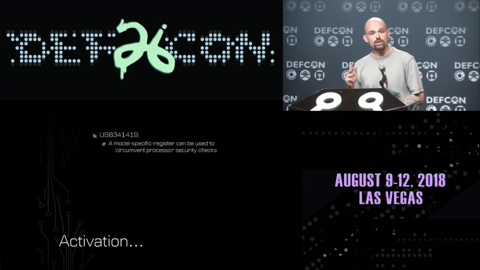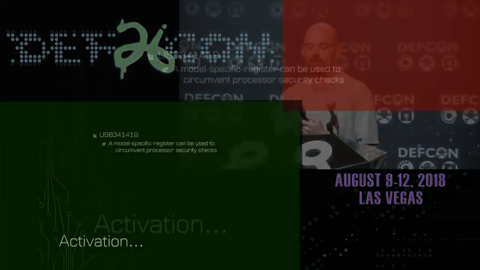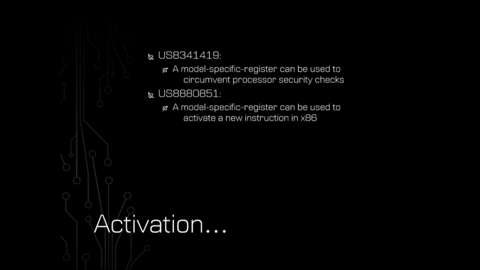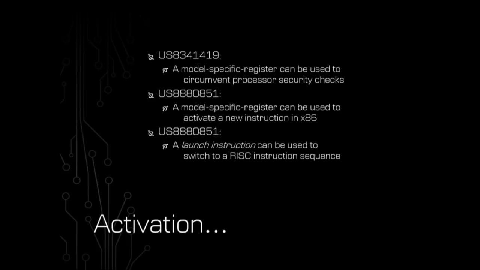There are 3 patents that give us some initial ideas on how the overall mechanisms might work. One patent tells us that a model-specific register can be used to circumvent processor security checks. Another patent tells us that a model-specific register can be used to activate a new x86 instruction. And another patent tells us a launch instruction can be used to switch to a RISC instruction sequence.